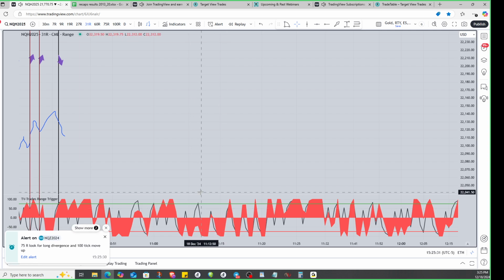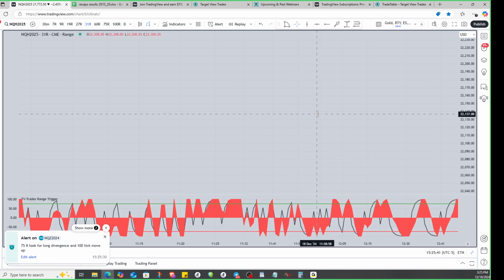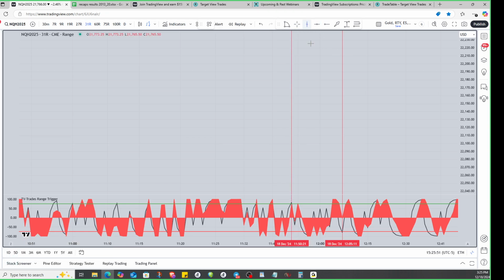But this is what I want to show you. All you're looking for is for price to get up here in the overbought like that, without the red. All right, so into the oversold. So in each one of these cases right here, right there, you're going to buy. Right here, you'd sell.